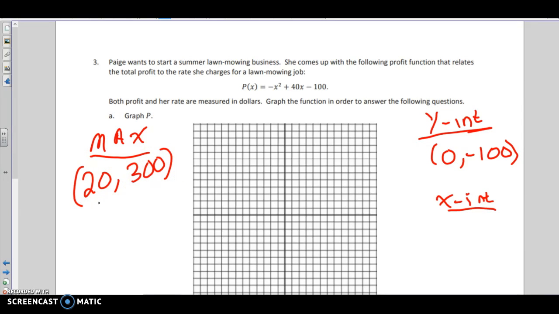And I have another important point for this function. The last are the x-intercepts. So I'm going to, again, use the standard form this time.